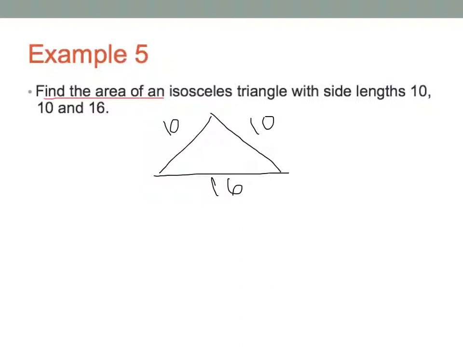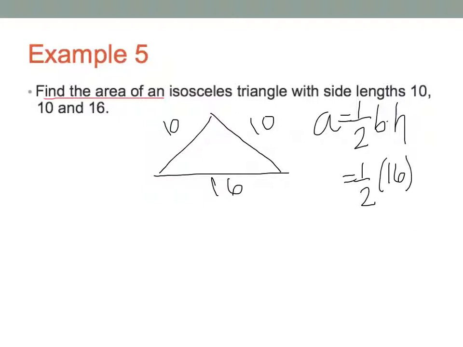So to find the area, I need to take 1/2 base times height. I have my 1/2, I have my base, I need my height. And I'll draw that in here. And that divides each section into 8 there and 8 here.